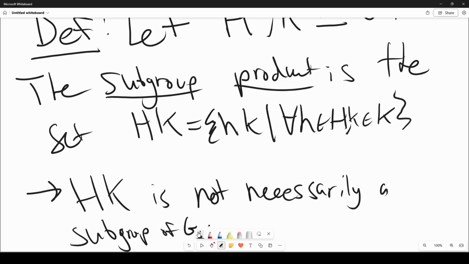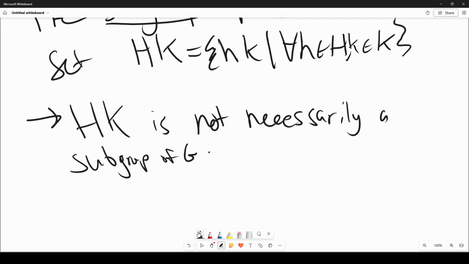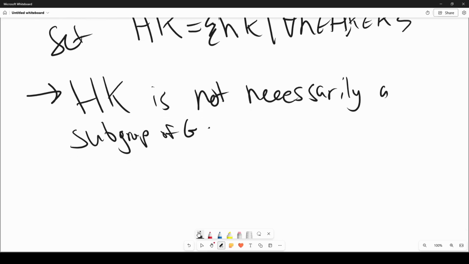Why is this? Well, if you do h1k1 times h2k2, there's no reason you should immediately assume that you can move those h's over to make it look like hk. So we have to impose some extra assumptions on these subgroups to make sure we get something that's useful to study. Any random set is kind of boring. Once it has a property like a multiplication on it that makes it into a subgroup, we can study it using group theory.